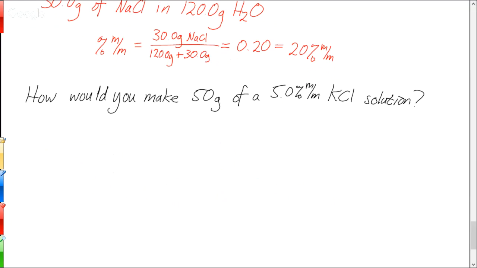So we want 50 grams of a 5% solution. How would you make that? In other words, how much KCl and how much water would you need to make that solution?